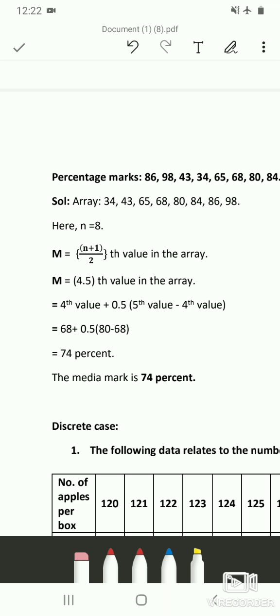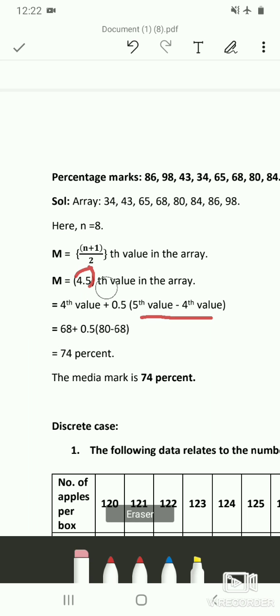For the 4.5th value in an array, you have to calculate the value which is between the 4th value and the 5th value. To get the 4.5th value, the formula is 4th value plus 0.5, into the 5th value minus the 4th value, since the value lies between the 5th and 4th, and whatever decimal is there you write it over here.